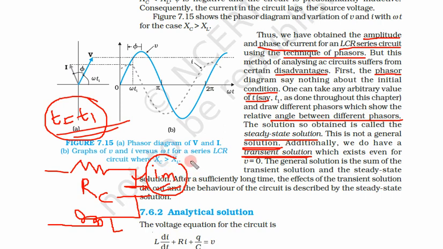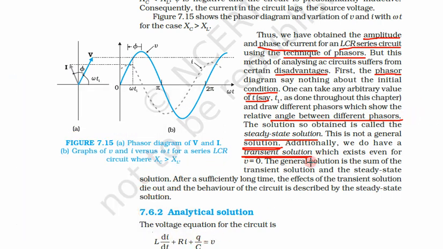So what happened during that time when the steady state was not reached? We don't have that information, which exists even for V equal to 0. Suppose V is equal to 0, what happened in that case? The general solution is the sum of the transient solution and the steady state solution.